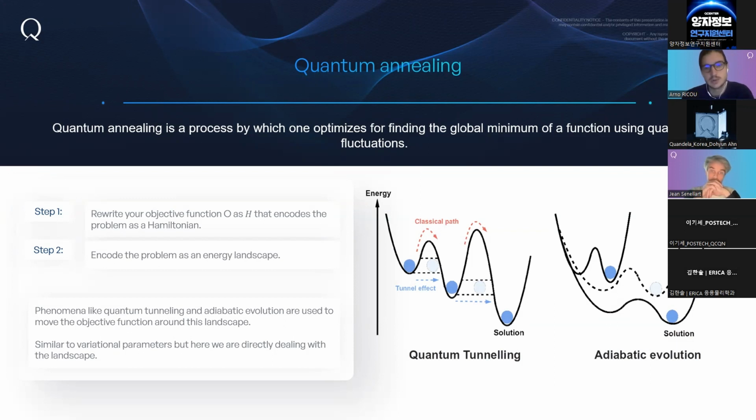It's nicely shown on this plot here, where we may initially start with the top blue dot, but then if we correctly encode the problem into the Hamiltonian of the system, and then we lower the temperature of the system, it's going to move little by little to the global solution using quantum tunneling and taking paths that are easier to take compared to classical paths.